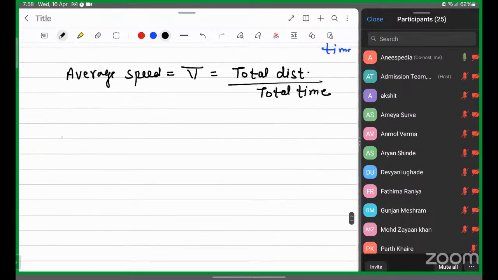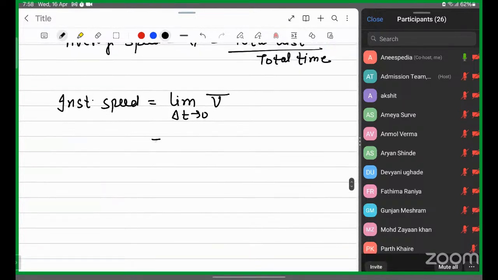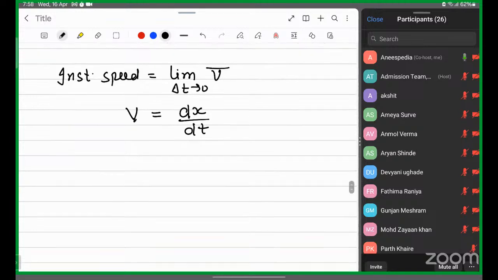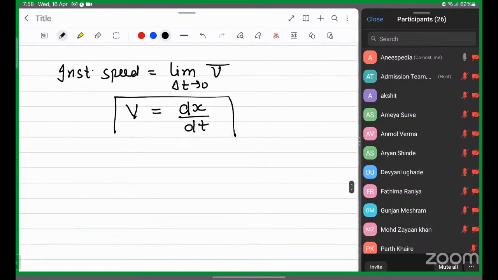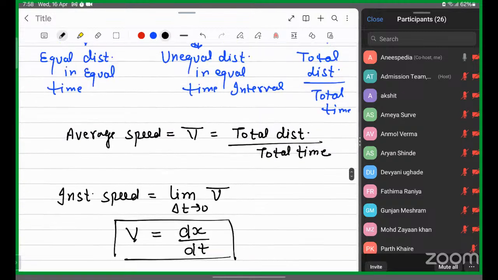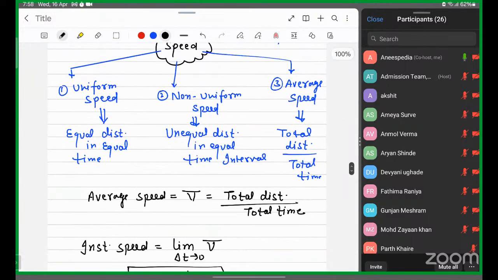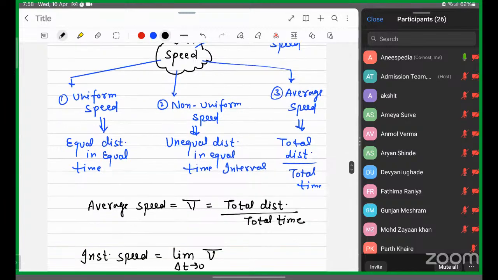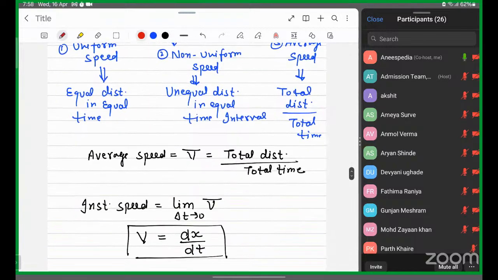And if you want instantaneous speed, this will be the limit as delta t tends to zero of average speed. In that case, we have instantaneous speed v equal to dx by dt. The SI unit will be the same for all types of speed and their behavior will also be the same, scalar.